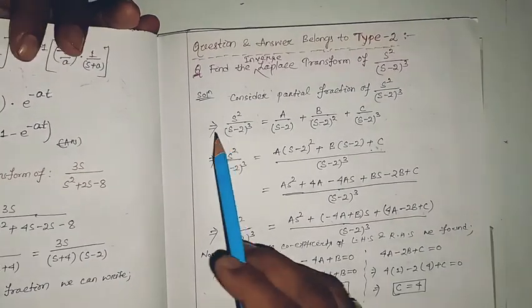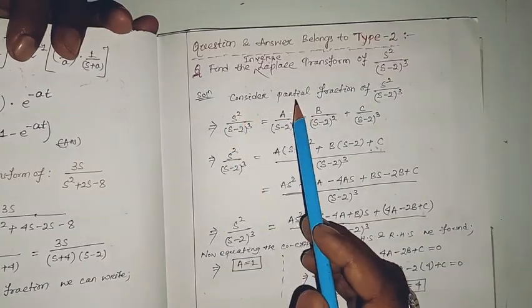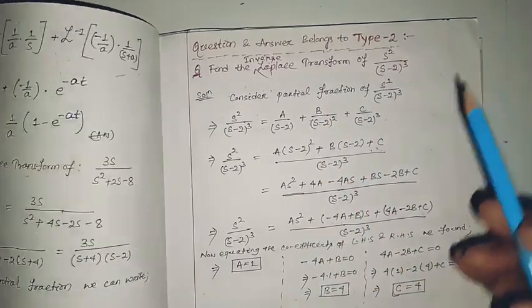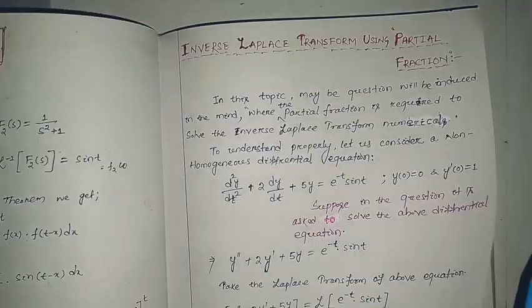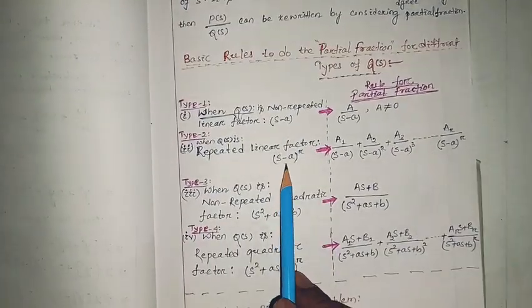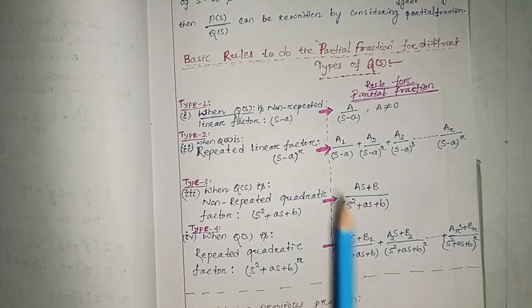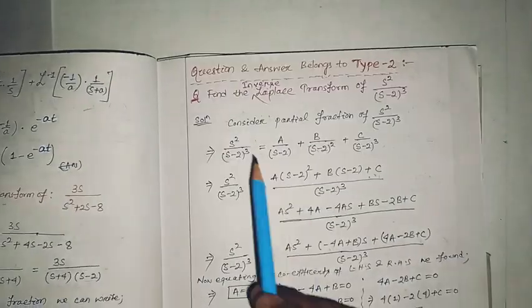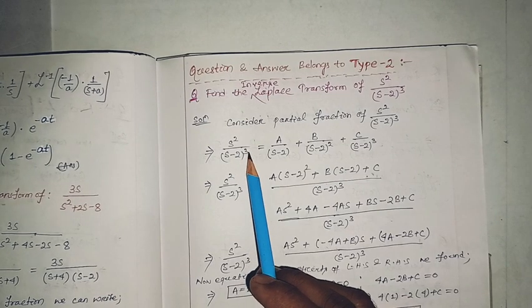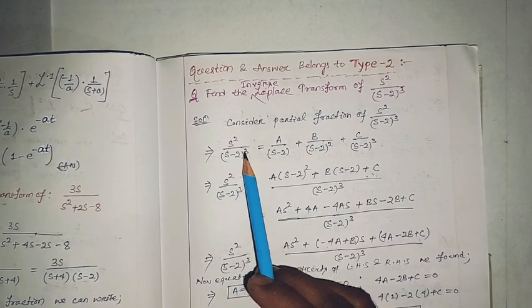Here you consider partial fractions. In case of type 2, this is a linear factor but repeated. Here the repetition is three times, s plus 2 to the power 3.